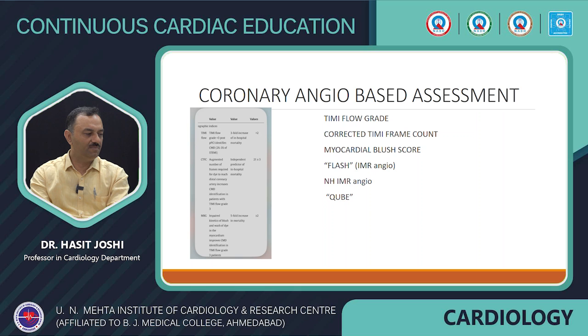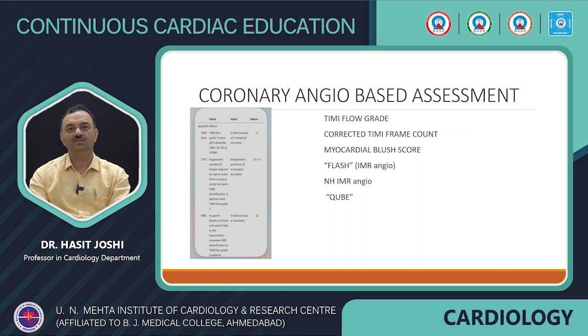So corrected TIMI frame count and myocardial blush score are taken as even more sensitive factors than TIMI flow grade, and this is very easily available and all cardiologists do it day in and day out. So this is an easy way to diagnose MVO. However, the incidence of MVO and pathophysiology cannot be assessed by this.